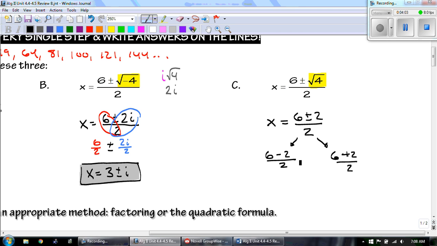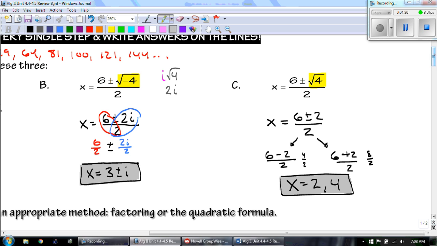Well, 6 minus 2 is 4, and 4 divided by 2 is, good, 2. So we get x equals 2, and then 6 plus 2 is 8. 8 divided by 2 is 4.